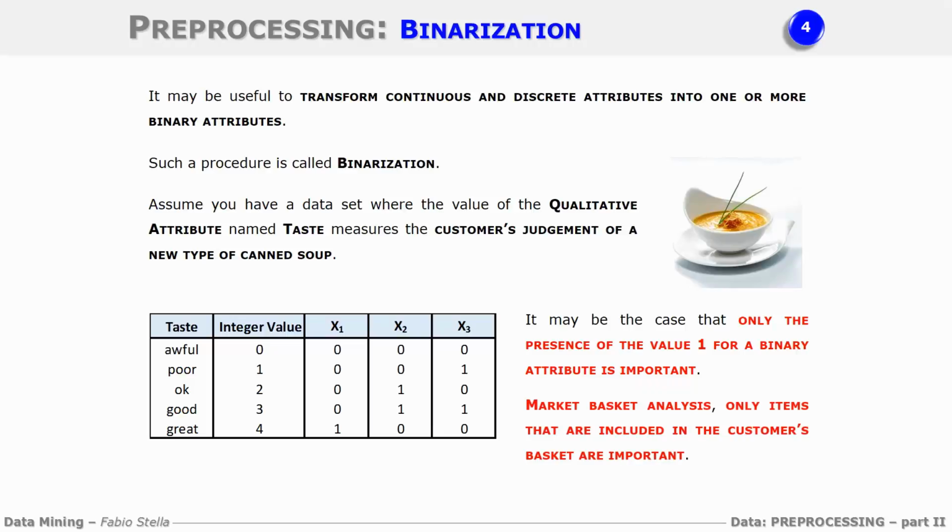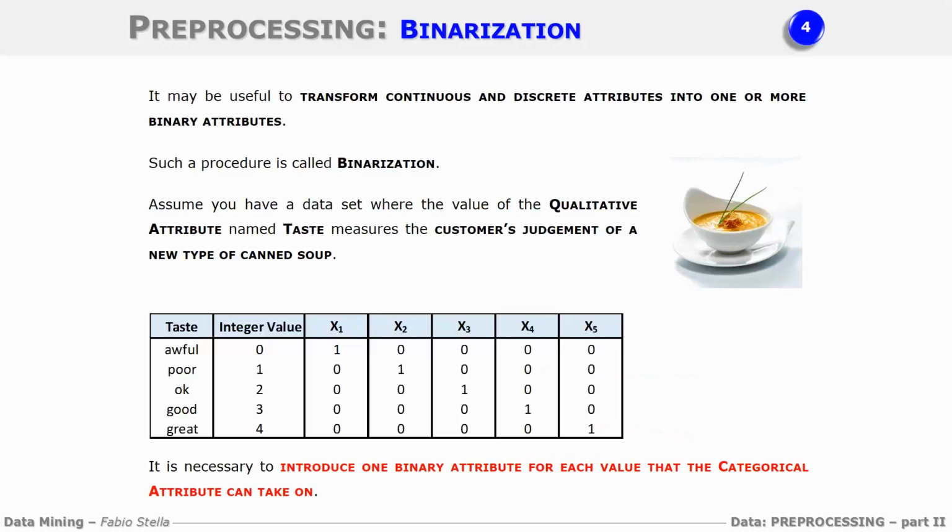For example, in market basket analysis, only items that are included in the customer's basket are important. In such a setting, it is then necessary to introduce one binary attribute for each value that the categorical attribute can take. In particular, in our case, we will introduce 5 binary attributes ranging from x1 up to x5.